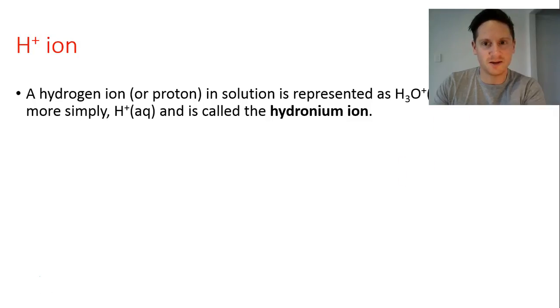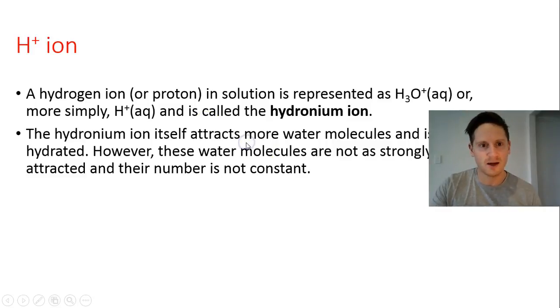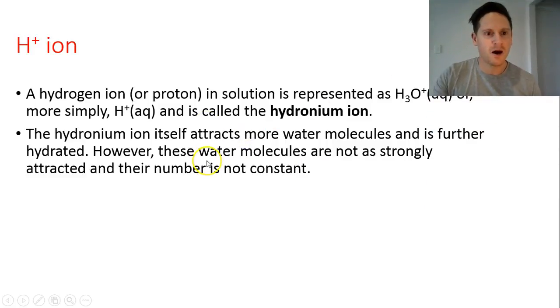Just a quick mention of the hydrogen ion. This can be represented in two different ways. It can be represented as hydronium, so H3O+, or you can see it represented as H+. They both are called the hydronium ion. The hydronium ion attracts water molecules to it, so it draws other water molecules in solution to it, and it becomes more hydrated.